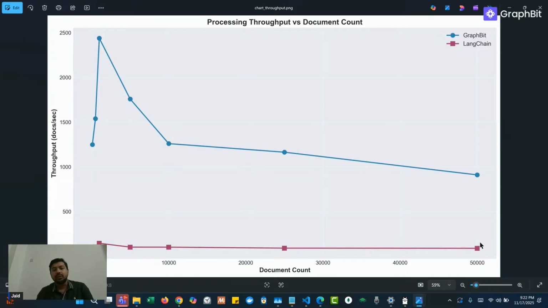It doesn't get to utilize the multi-threading and thread-free performance that can easily be done with GraphBit's Rust core. Going into the details for GraphBit, the highest throughput processed 2.5K documents on the RAG pipeline per second, and on average almost 1,000 documents processed per second for RAG purposes.